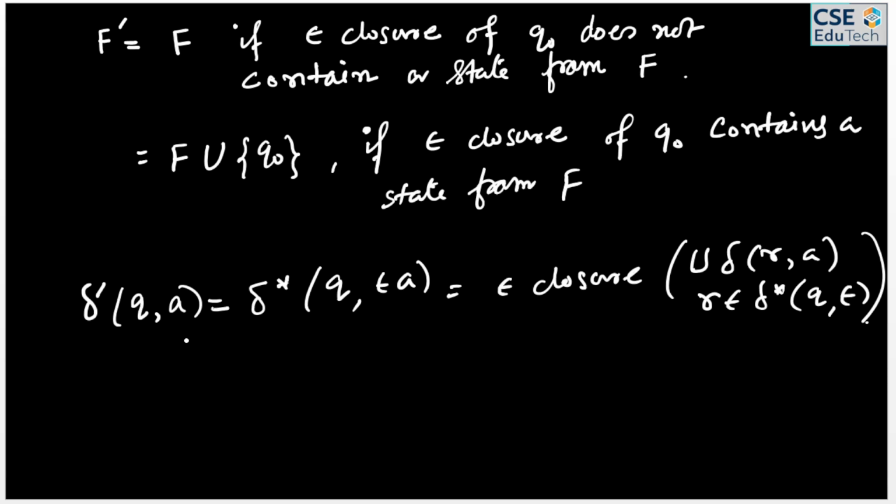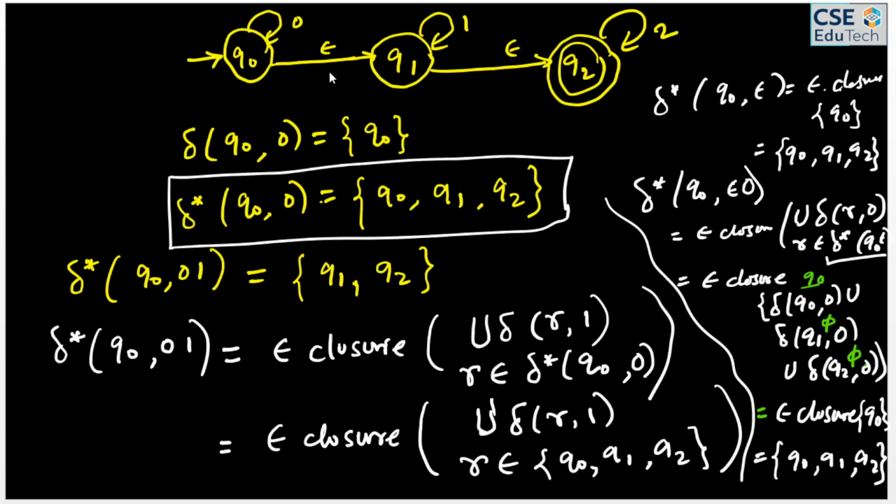Now we'll give a complete example. Suppose we have an NFA transition diagram with epsilon. We can discuss the previous example where it is Q naught with 0, epsilon, Q1 with 1, epsilon, Q2 with 2.